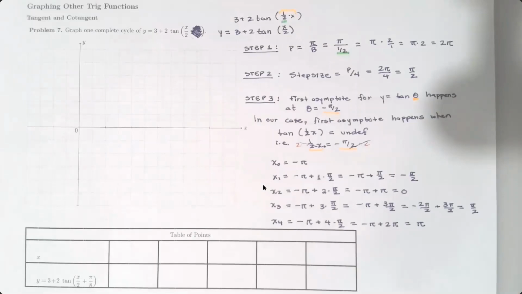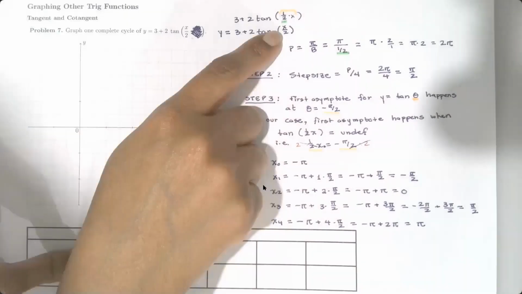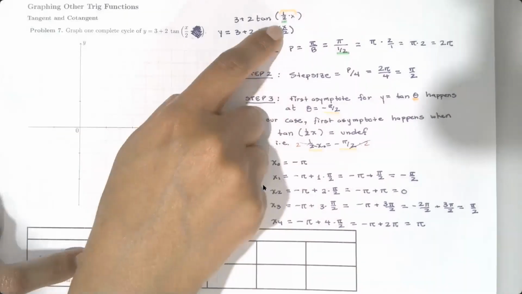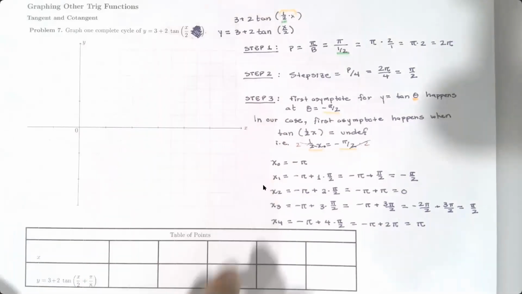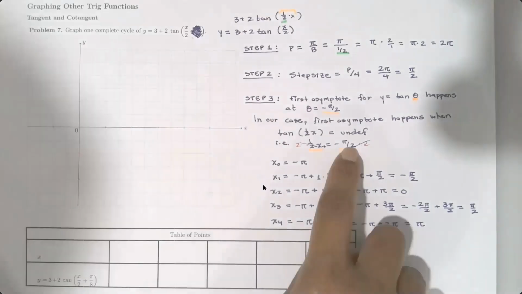All right, so just to stress this again, this only happens with tangent. With tangent, you're always going to have to take whatever is in the argument. So let's say that instead you had 4x, for example, you would need to take the 4x and set it equal to negative pi over 2.